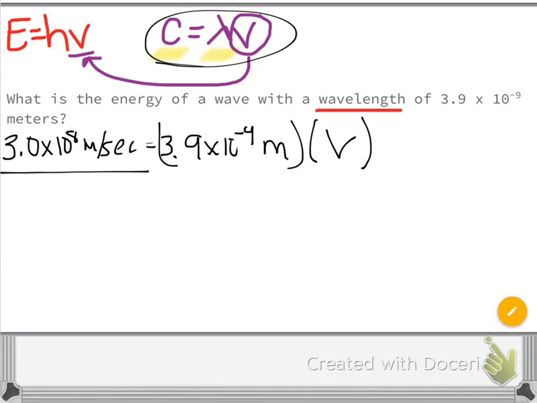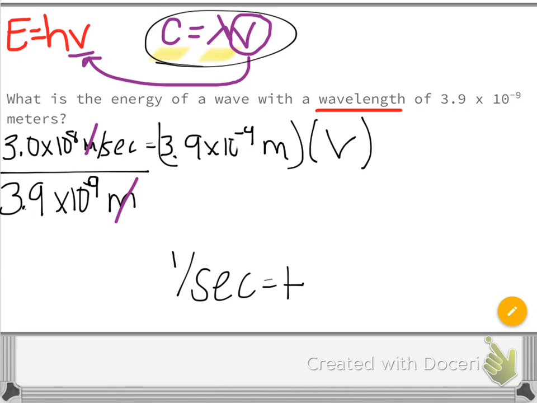So we're going to solve on both sides. We got to divide. Negative 9th meters. My units of meters are going to be canceled, so I'm going to be left with units of 1 over seconds, which is the same thing as hertz. So when I do that math, I end up with 7.69 times 10 to the 16th.